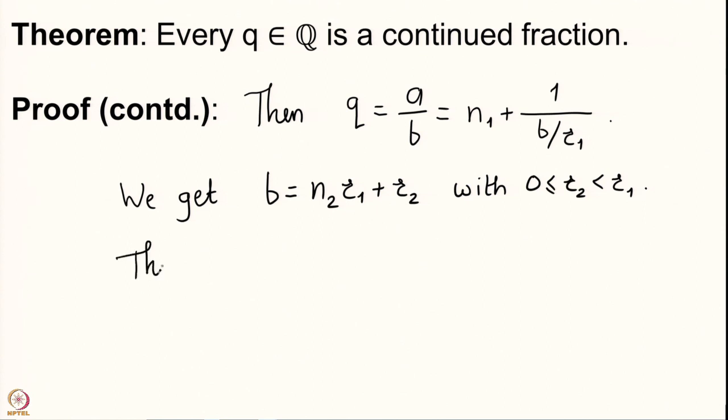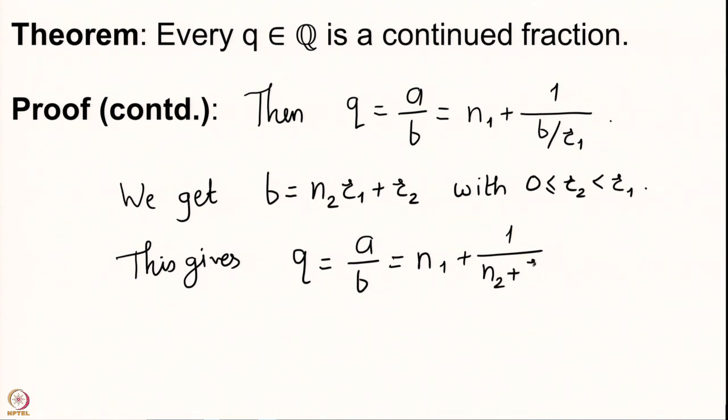So, this gives q equal to a by b, which we have written as n1 plus 1 upon b by r1, but once we divide by r1 we get this to be n2 plus r2 by r1. Once again r2 by r1 is strictly less than 1. So, you invert that and repeat the procedure.